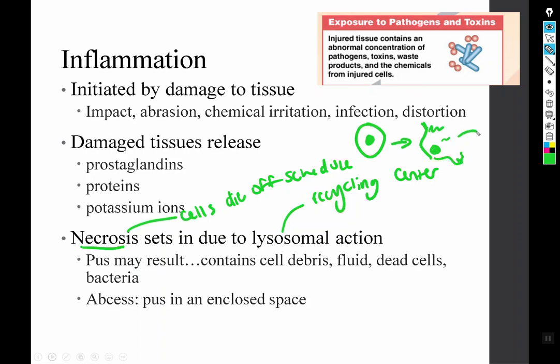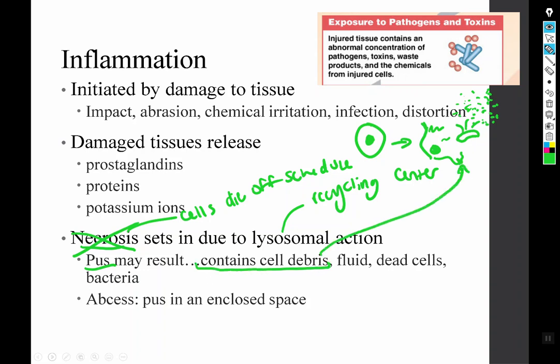The lysosomes might burst and release lysosomal enzymes into the tissue, which basically begin to liquefy your tissue because lysosomal enzymes are there to depolymerize all of the things that make up our cells. So we want to avoid necrosis because it's not the correct kind of cell death. Pus may result from this, and this contains cell debris, which is what I just drew here.